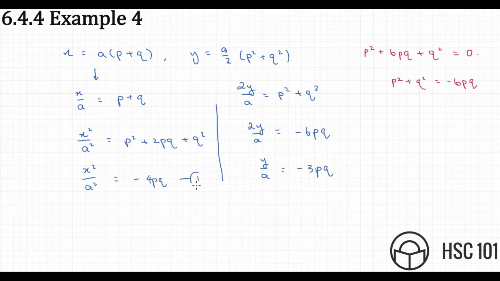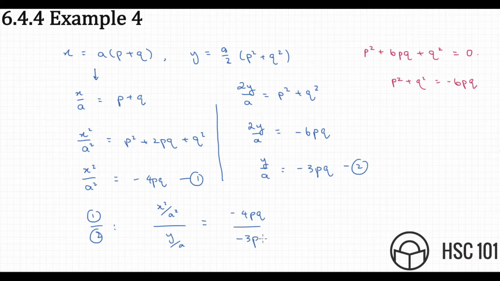So if I take this as equation 1 and this as equation 2, it's up to you how you want to work with 1 and 2 at the same time. I can divide them, or I can make pq the subject and substitute it into the other. It doesn't really matter by this point. If I take equation 1 divided by equation 2, I've got x squared over a squared over y over a equals negative 4pq divided by negative 3pq.